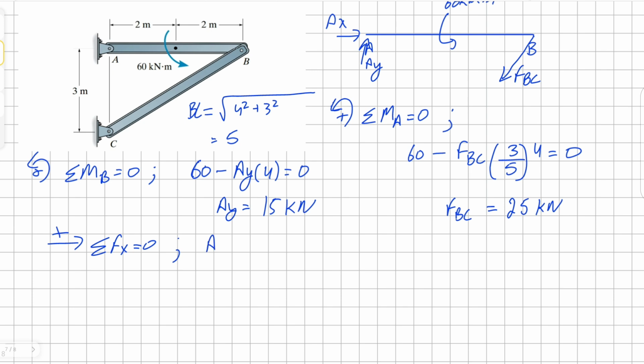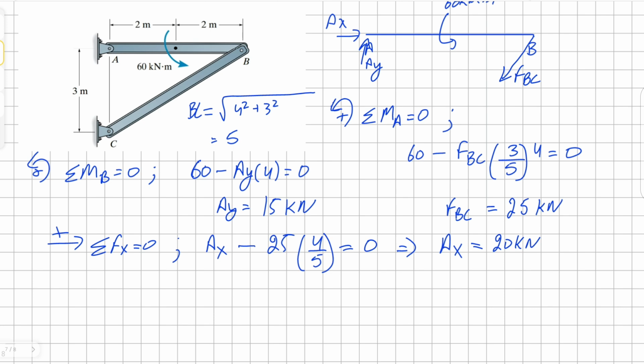So we know our AX is unknown, and then we know our force BC x-component is negative because it's going the other way, which is right to left. So it's 25 times 4 divided by 5 equals 0, and solving this we get AX as positive 20 kilonewton.